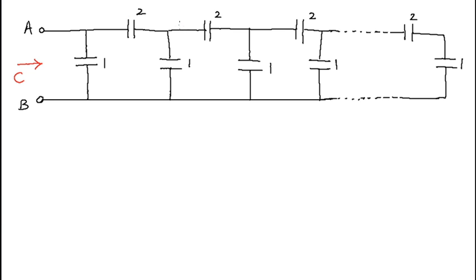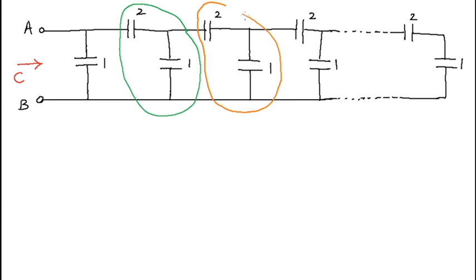Now, as per the data in the question, there is a certain unit of the circuit which is repeated infinite times. So the unit I'm talking about is this particular unit. You notice that it appears once here and then it appears again over here.